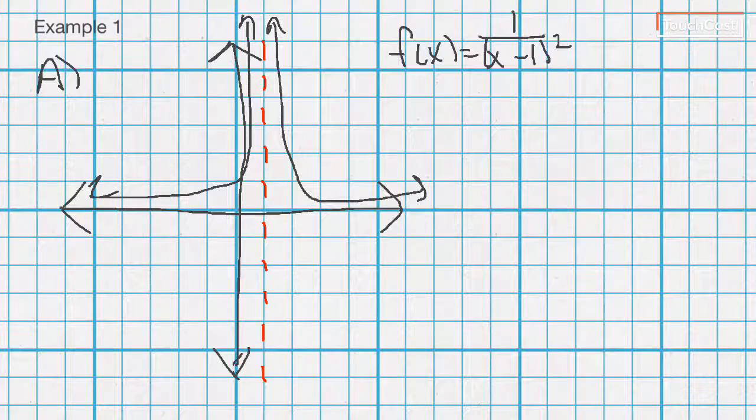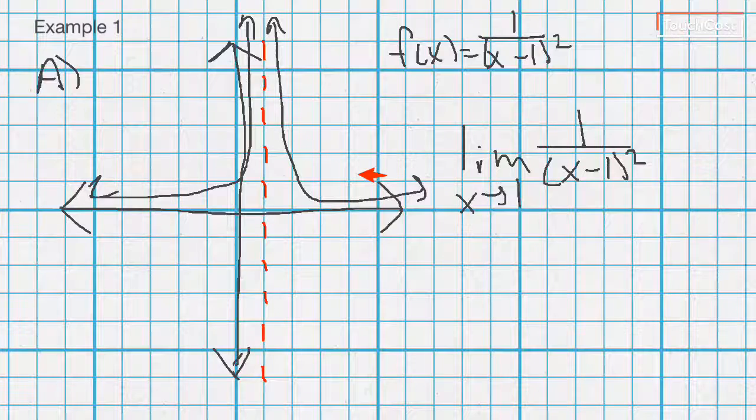So let's write that, the limit of 1 over x minus 1 squared as x approaches 1. If we were to just use direct substitution, we would get something that's undefined. From looking at this graph, if we follow the left and right behaviors, as we approach 1 the graph just continually increases.